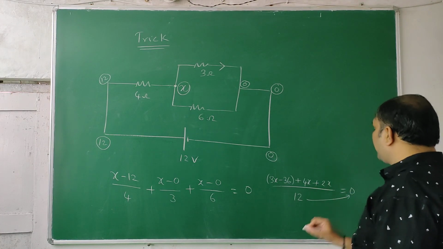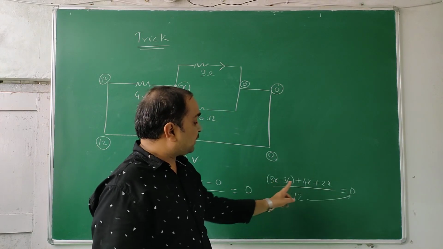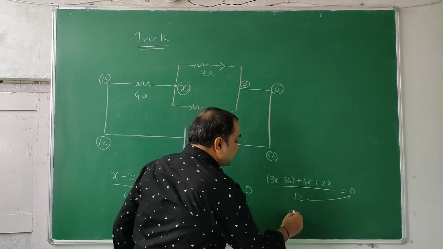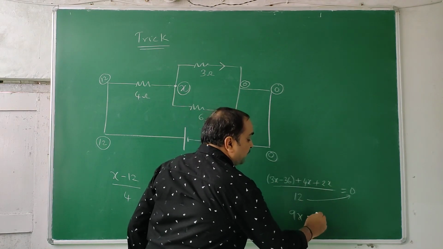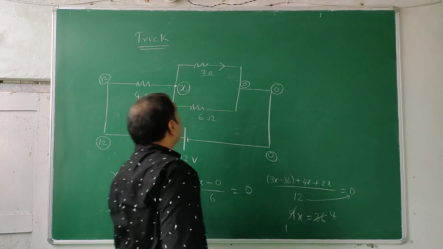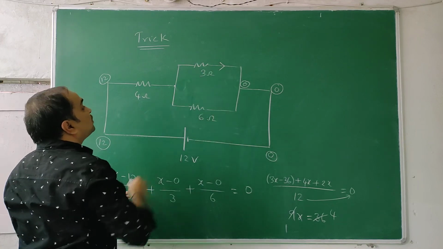You got an equation with X values and some 36. 3X plus 4X plus 2X is 9X. 9X minus 36 goes to that side, becomes plus 36. So X is 36 by 9, which is 4. So this X, which was unknown to us in the beginning, is now known, and it is 4 volts.